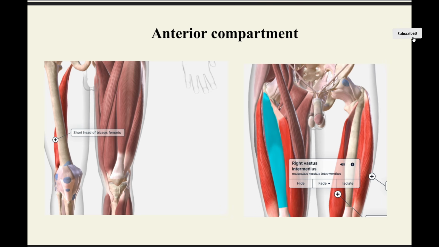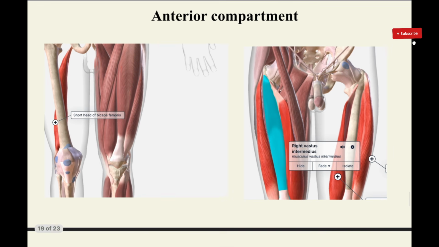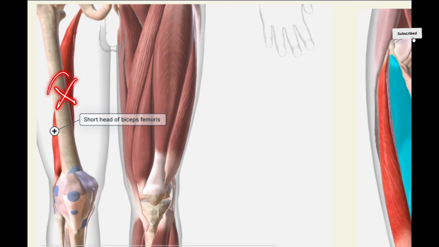First, in the anterior compartment, the large muscle that you see over here, let me zoom in, don't focus on this area, just focus on the thigh. This is a large muscle and its tendon inserts at the superior surface of the patella. This is your rectus femoris.